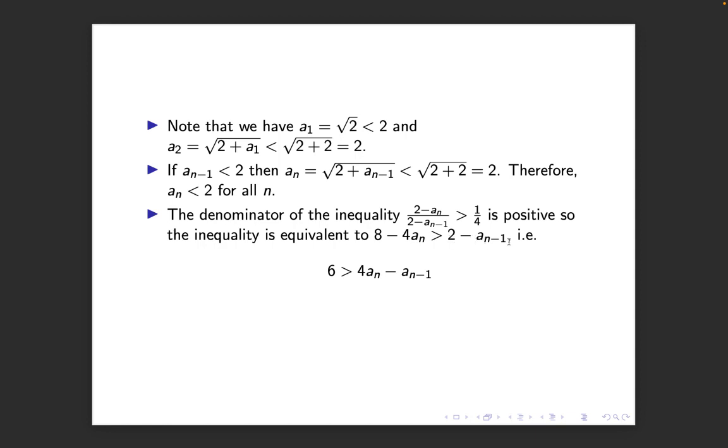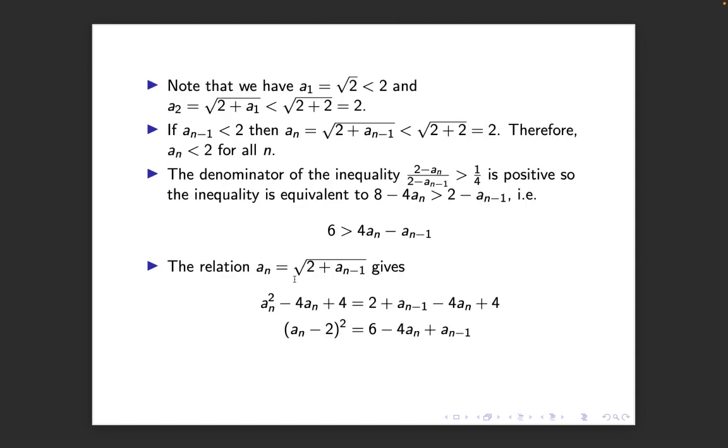And if we move the 2 to the left-hand side, and we move this 4a_n to the right-hand side, we will see that the inequality that we want to prove is actually equivalent to this inequality. So therefore it suffices to prove that 6 is greater than 4a_n minus a_(n-1).